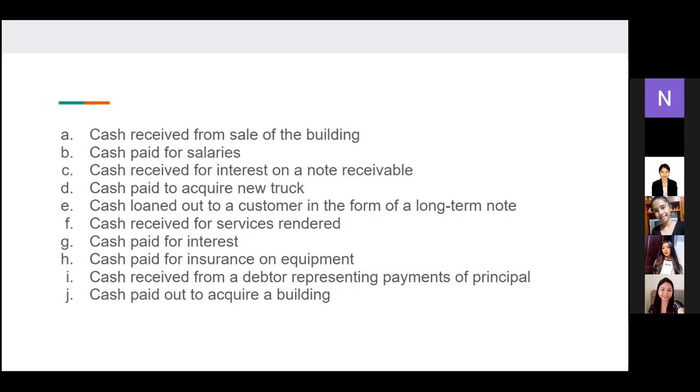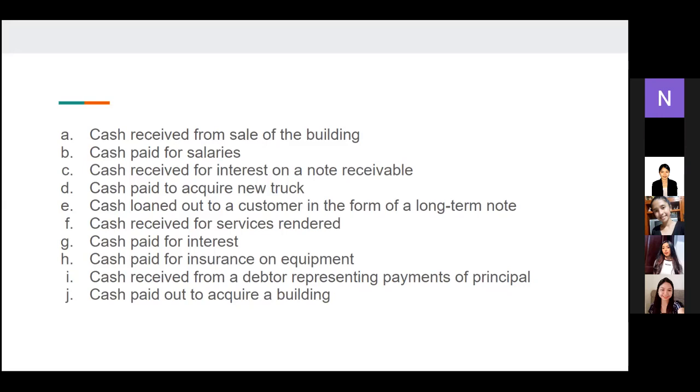Ako na lang dito. Cash received from a debtor representing payments of principal. So, sabi niya dyan is cash received from a debtor. Di ba kapag sa debt is sa investing activities.